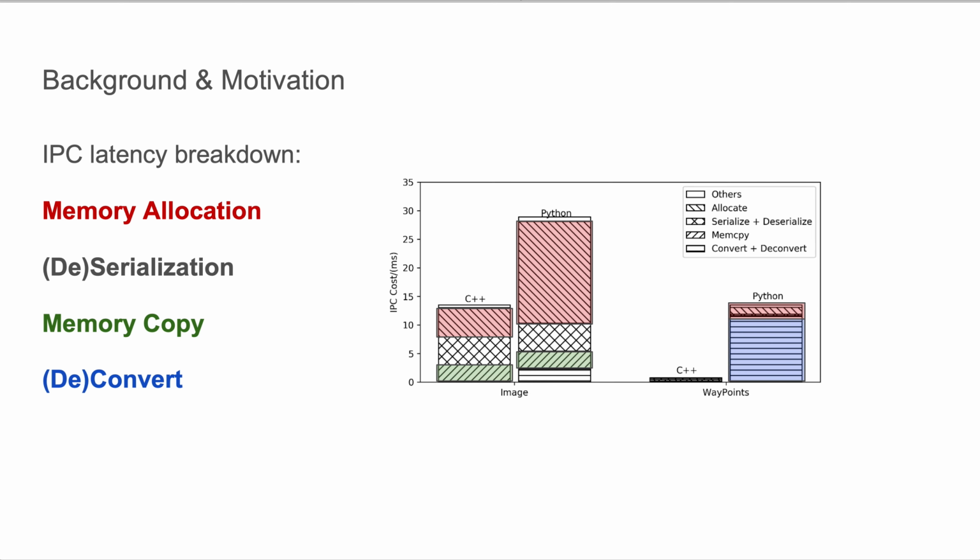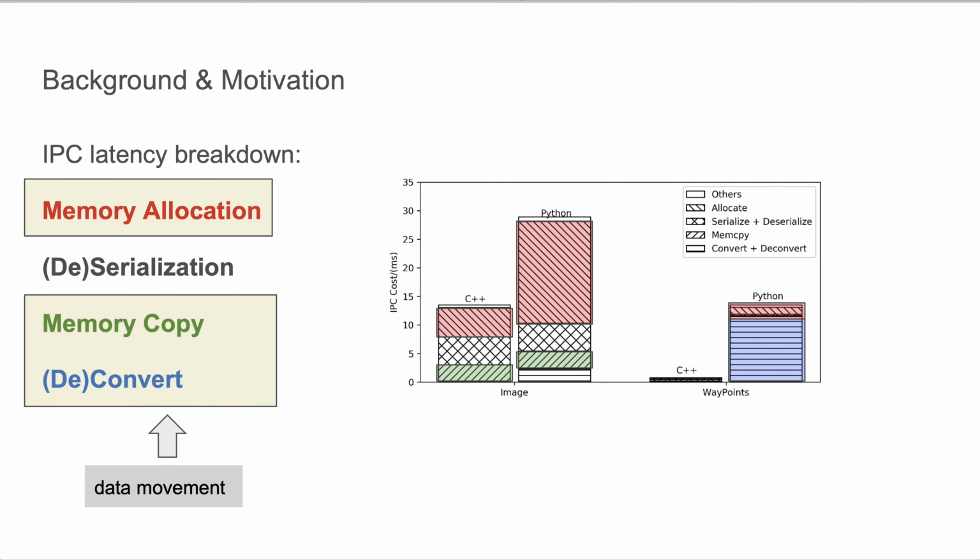We observe that for image, memory allocation cost can take up to 30% and 6% of the total cost for C++ and Python respectively. For waypoints, the converting cost for Python can take up to 90%.